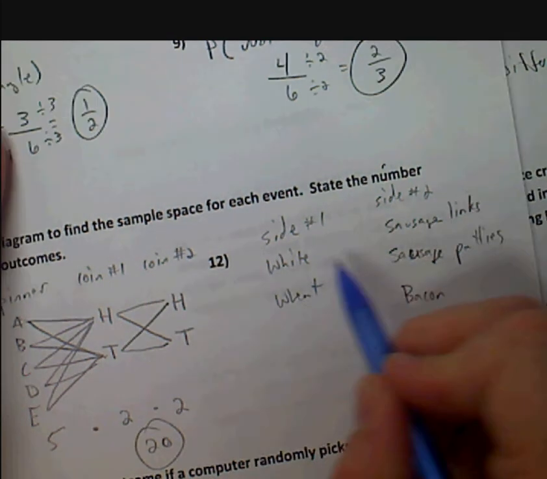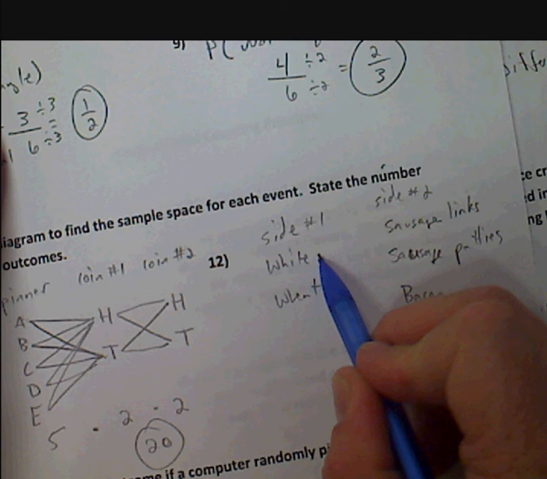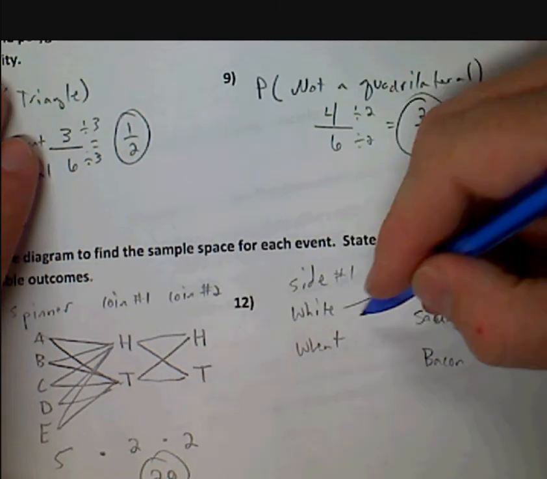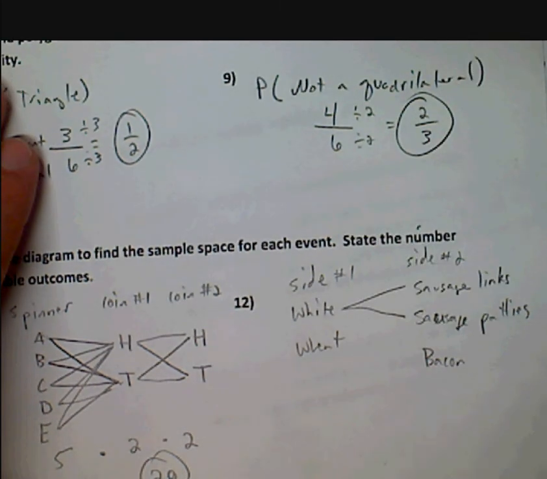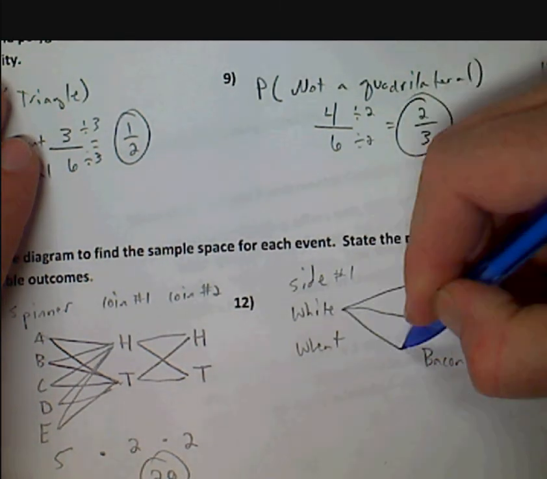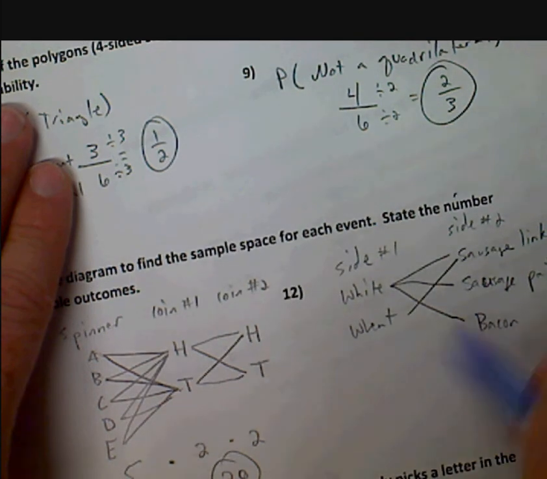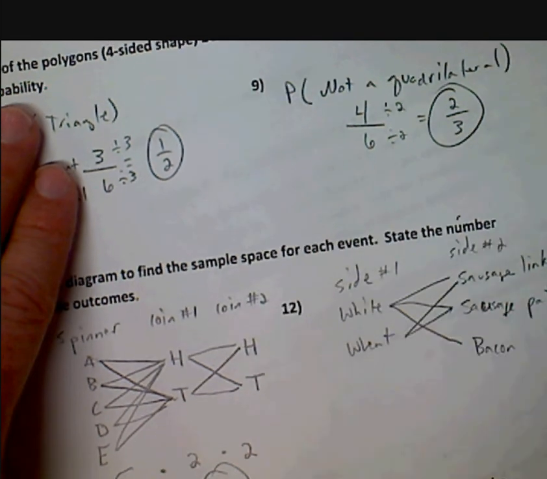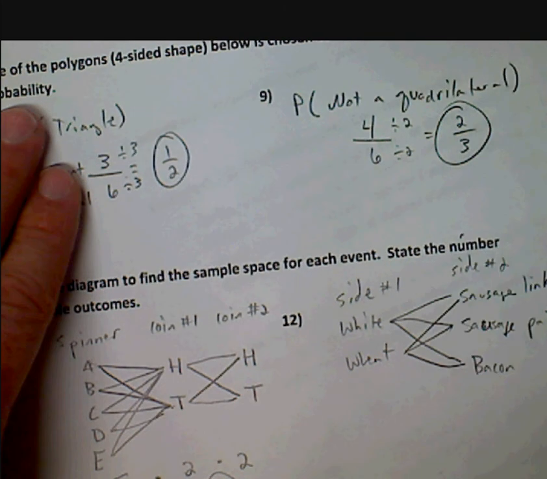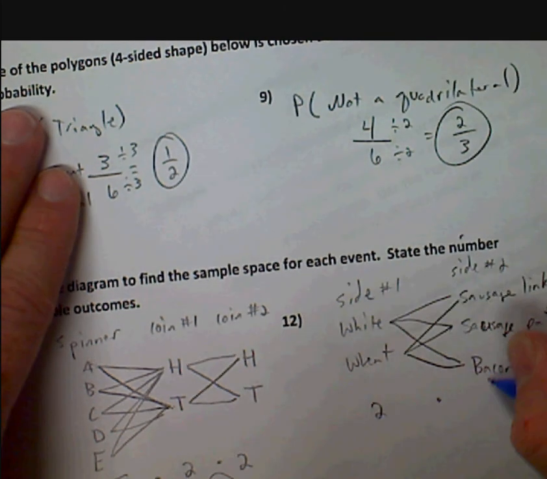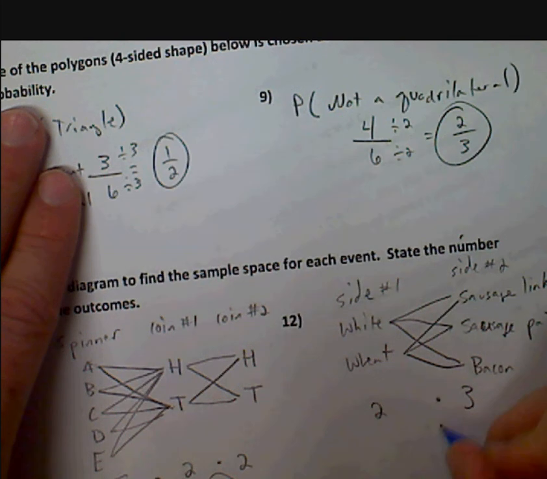So I can choose white toast with sausage links, I could choose white toast with sausage patties, or I could choose white toast with bacon. I could choose wheat with sausage links, wheat toast with sausage patties, or wheat toast with bacon. There's 2 possibilities for the first, there are 3 possibilities for the second. 2 times 3 would be 6.